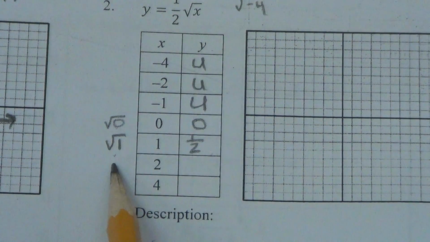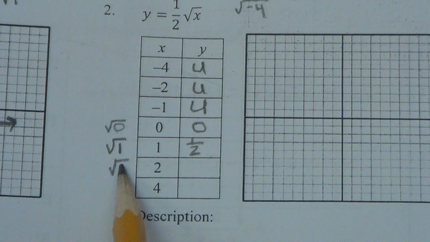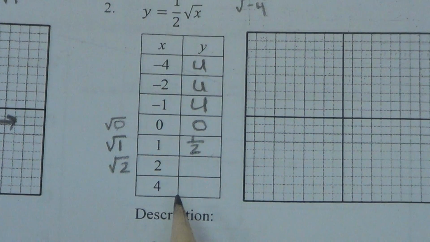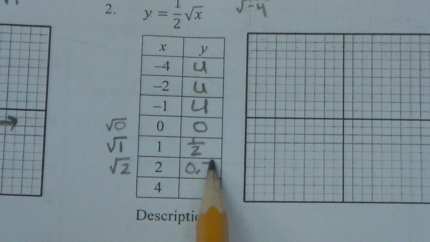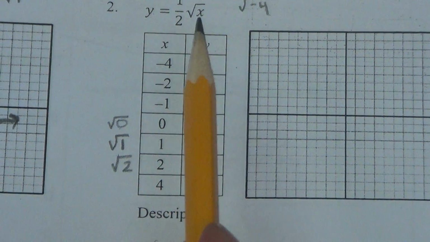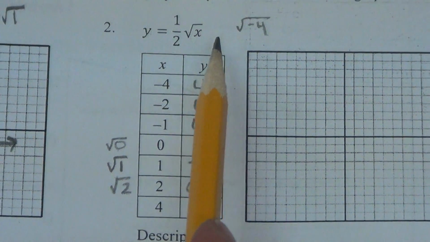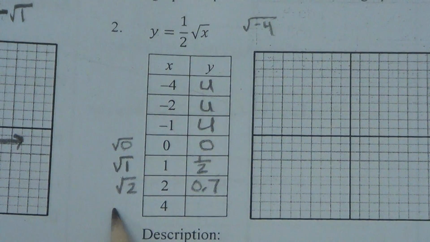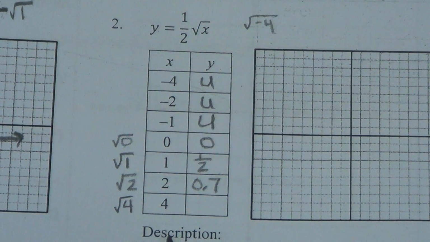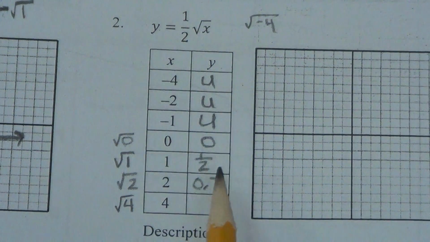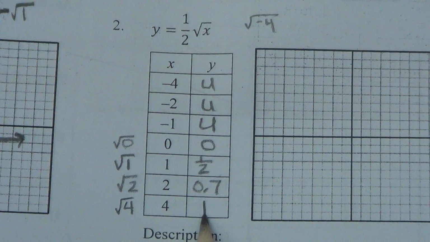Square root of 2, again, you can grab a calculator and do that. It's about 1.4. Half of that would be 0.7. Square root of 4, that's another nice one. Square root of 4 is 2. Half of 2 is 1.